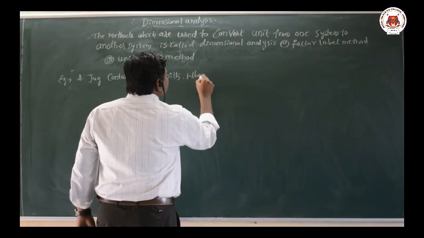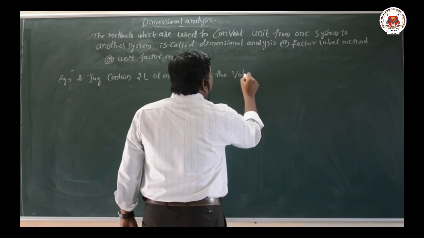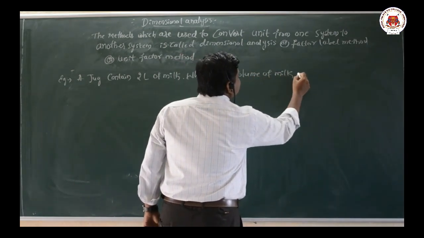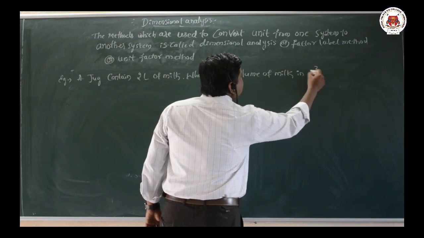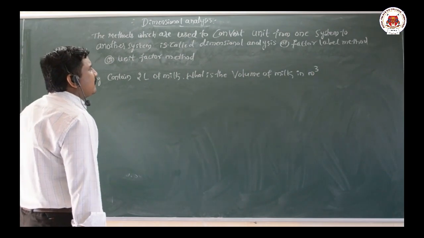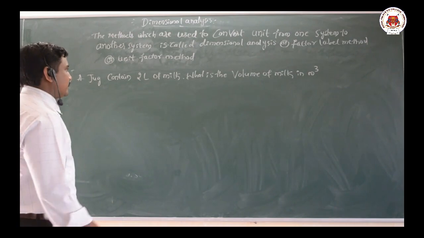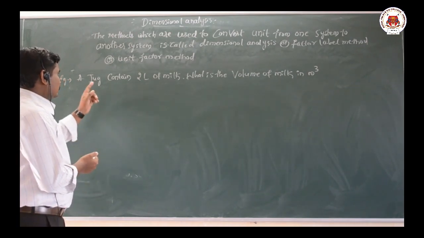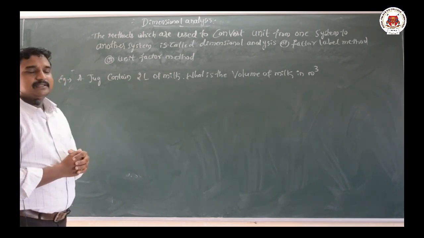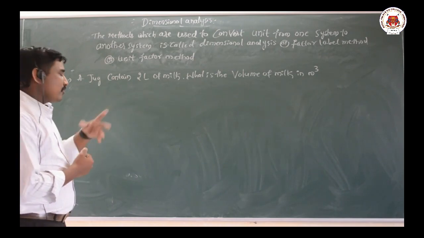What is the volume of milk in meter cube or cubic meter? A jug contains 2 liter of milk. What is the volume of the milk in meter cube or cubic meter? So they are given the milk in terms of liter. They are asked to convert the volume of milk into cubic meter or meter cube.